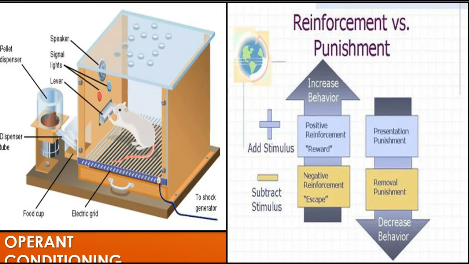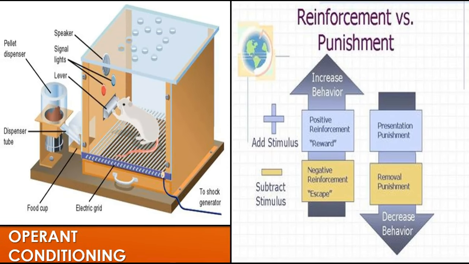Now, also, to illustrate his conditioning, Skinner did the Skinner box experiment, where each time the rat presses the lever, a pellet would be delivered, and he learned that by pressing the lever he would be rewarded with the pellet.